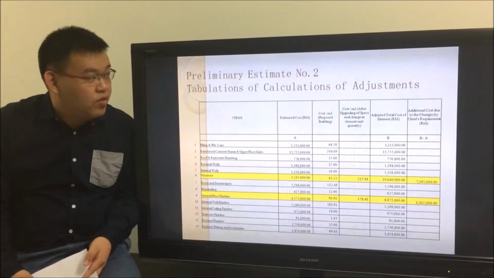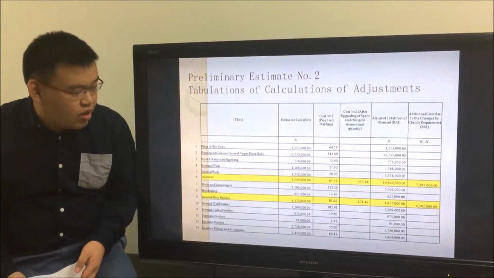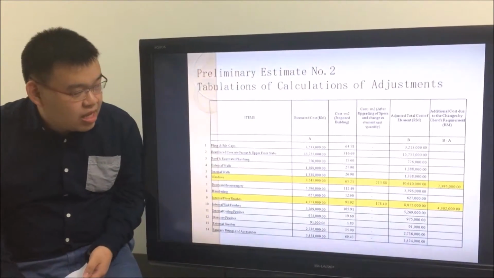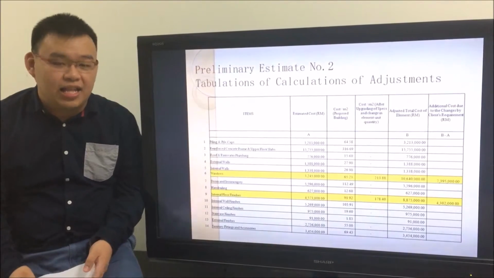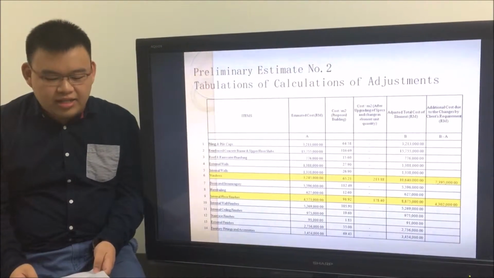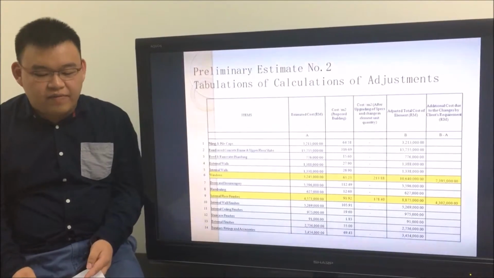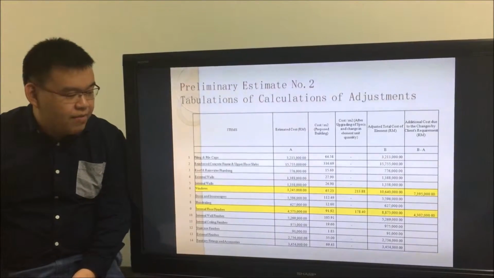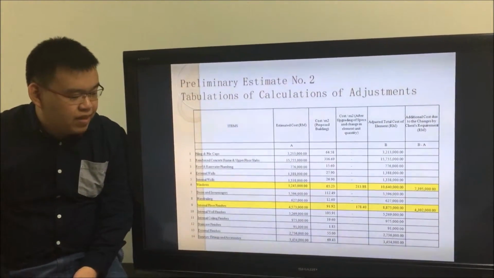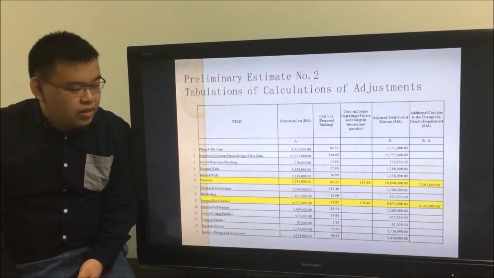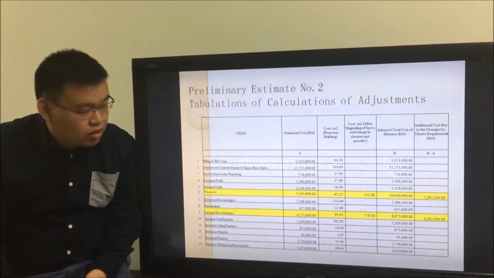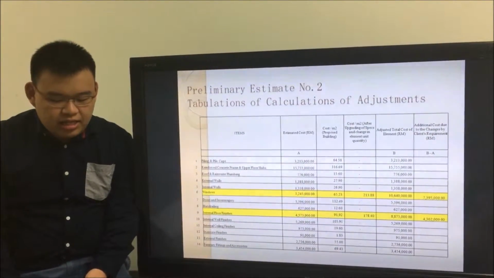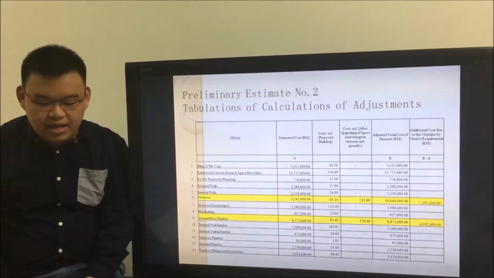From the prelim number 2, I have adjusted the cost of window per meter square from 65 ringgit 23 cent to 230 ringgit 88 cent, which results in an increment of 7.4 million in total. For internal floor finishes, I had made the adjustment for the cost per meter square, from 91 ringgit 92 cent to 178 ringgit 40 cent, which means the additional cost is around 4.3 million in total.